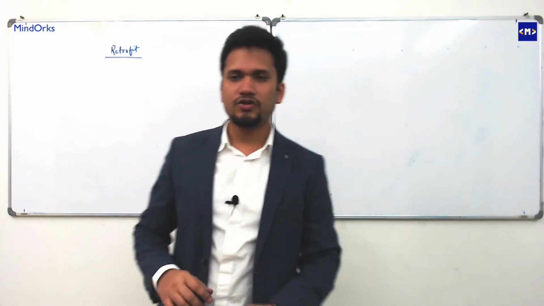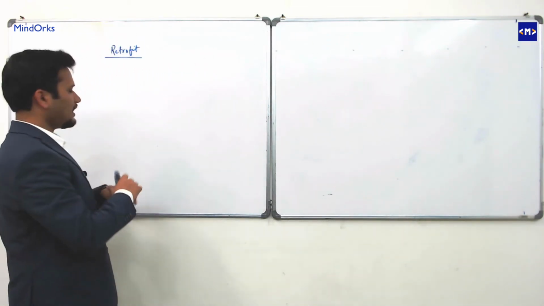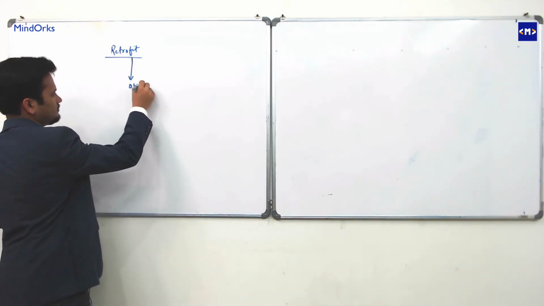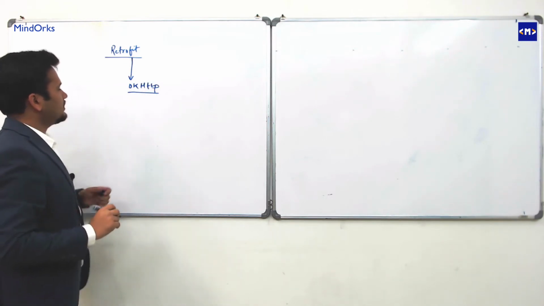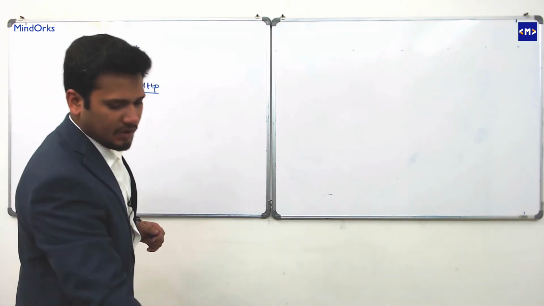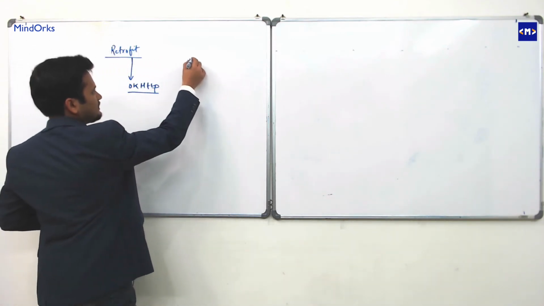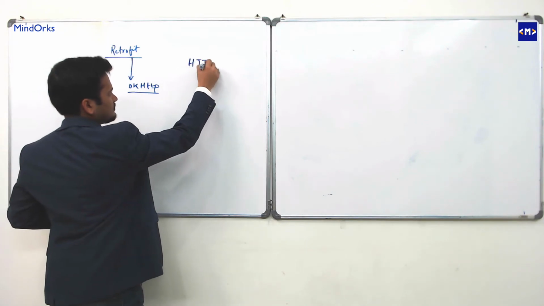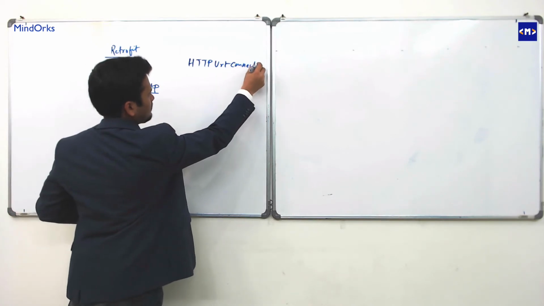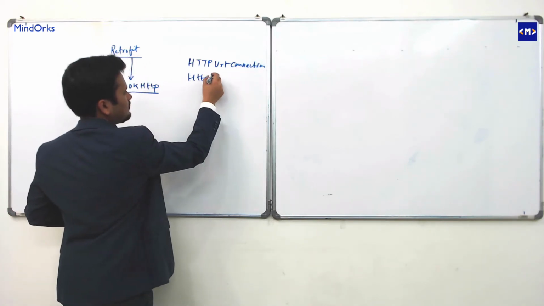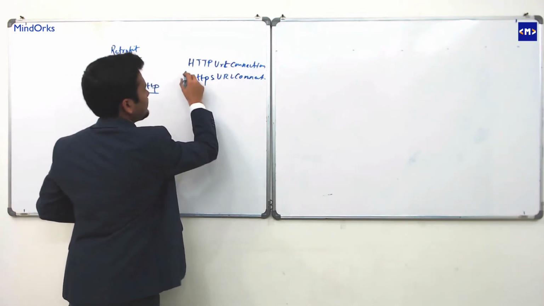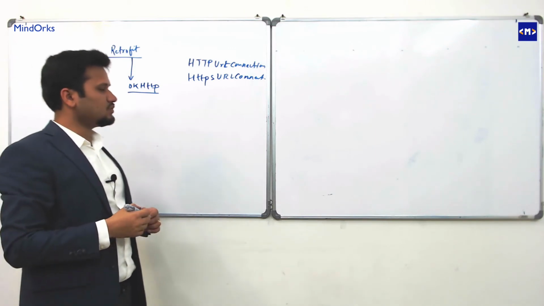Yeah, so Retrofit is basically an architecture above OkHttp. It internally uses OkHttp to make any request. In Java, we have these services: HttpURLConnection and HttpsURLConnection.